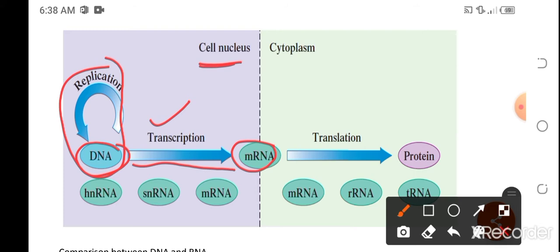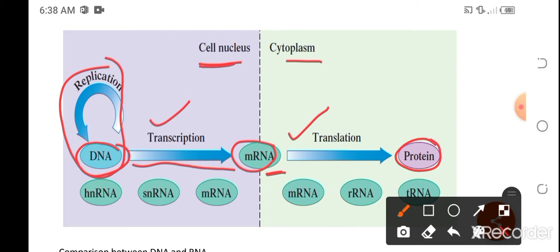After being transcribed, the mRNA will go out of the cell nucleus, going into the cytoplasm for translation to occur. And translation is a process wherein mRNA will be coding or directing the protein synthesis.